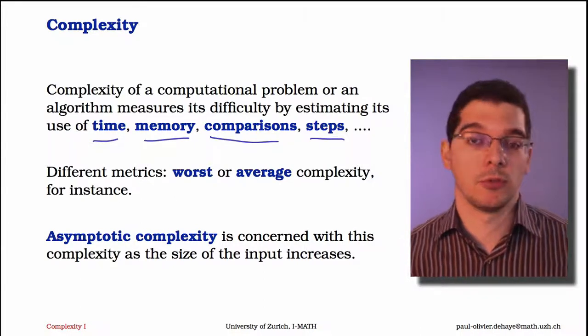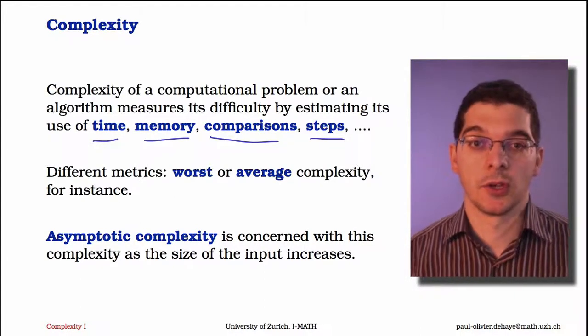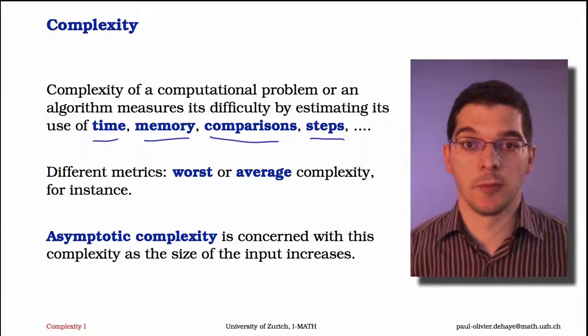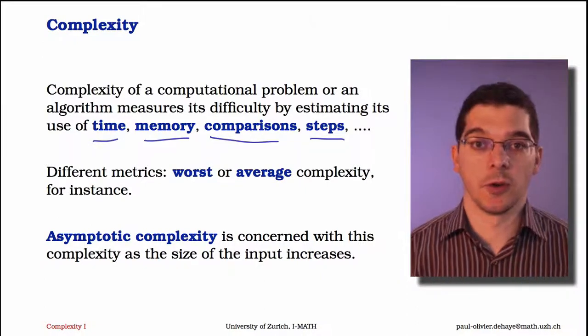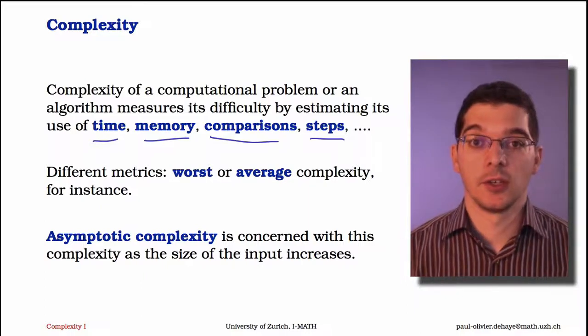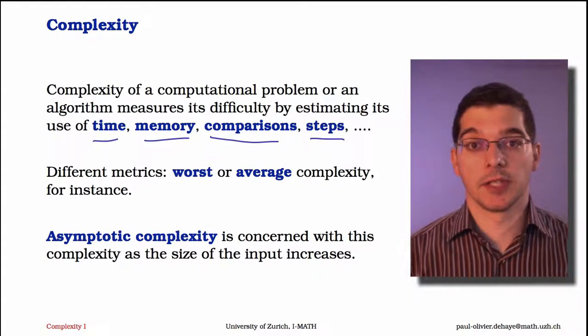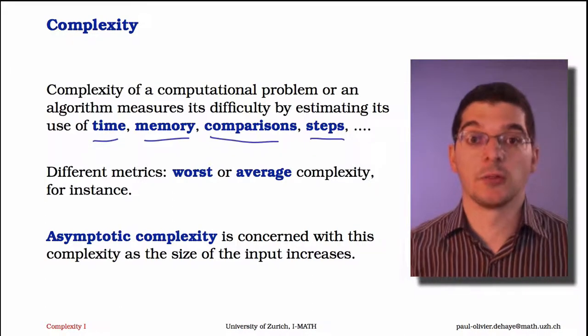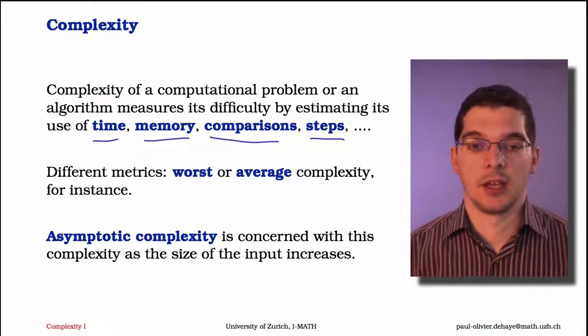So if you have a computer with low memory, you would be concerned with complexity with respect to memory. If you have a slow computer or if your algorithm will be extremely computing intensive, you will measure step complexity or time complexity to try to improve on your algorithm.